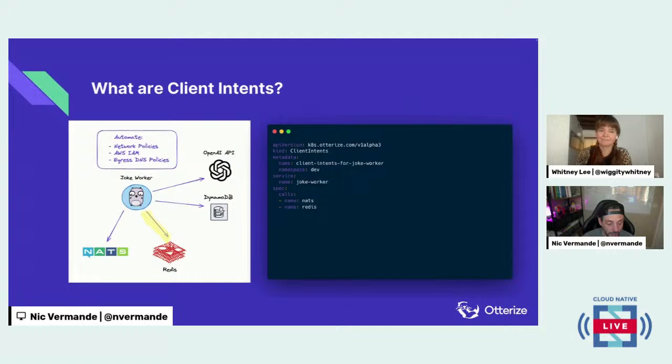Then same thing with Redis. I just specify, okay, I want access to Redis. And if I need to access something on the internet, this is where it also becomes kind of interesting, because I can specify a DNS name, and those DNS names, we're going to see it later, will be converted into IP blocks for network policies. So they will be constantly updated.